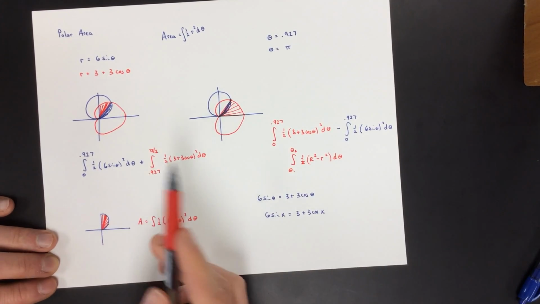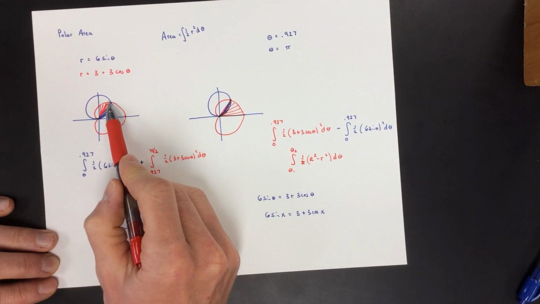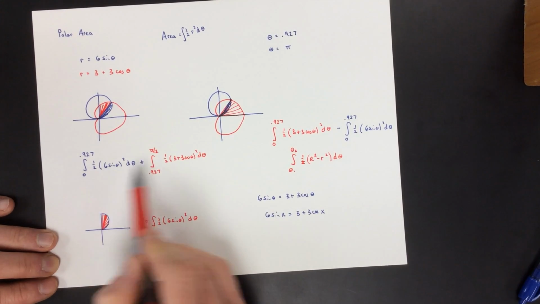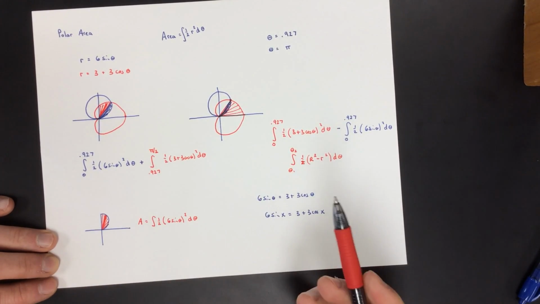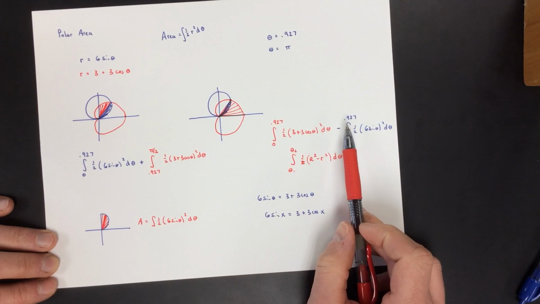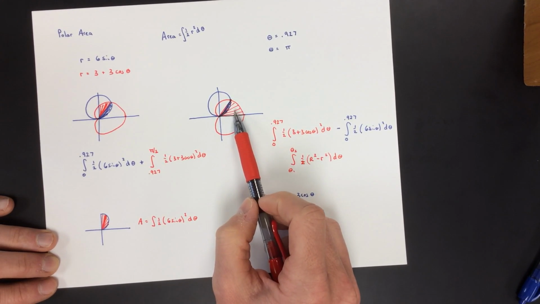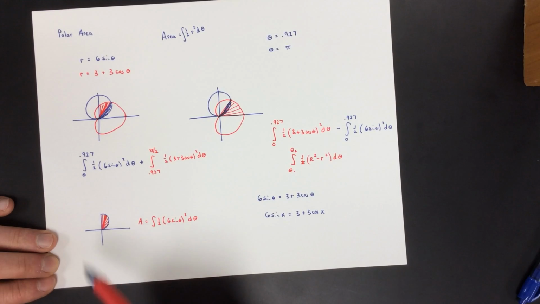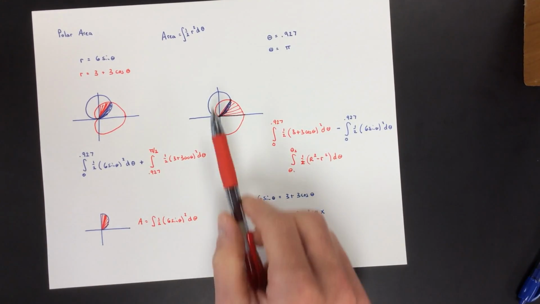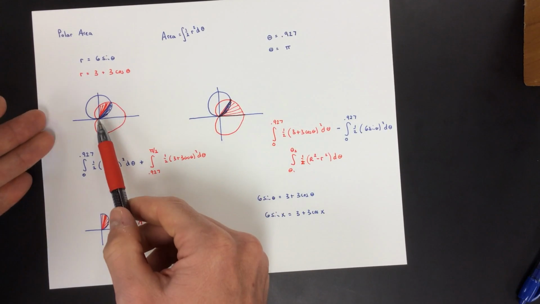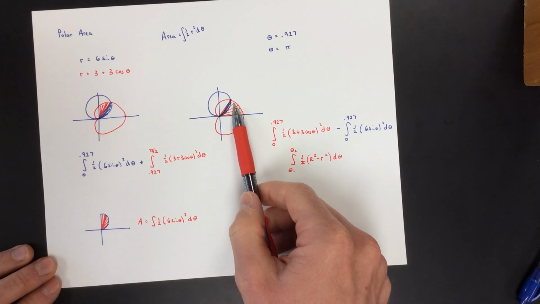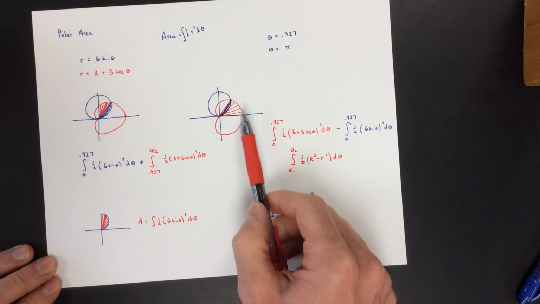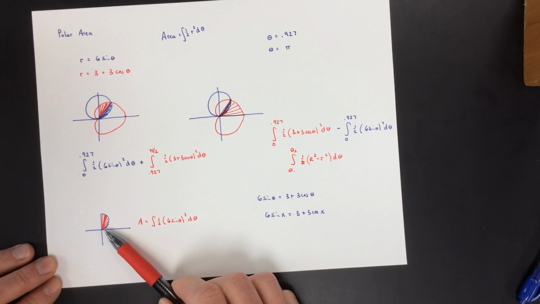So sometimes the blue curve and then the red curve were the bounds, and so you have to do two separate integrals. And then sometimes you have to do two integrals and subtract them because you just want the outside. Now if you just wanted the inside of something, that's pretty easy. Then you can just do one integral. Most of the time you're looking at these three cases: either two separate integrals, two integrals because the bounds are an inside and outside one, or you just want one.